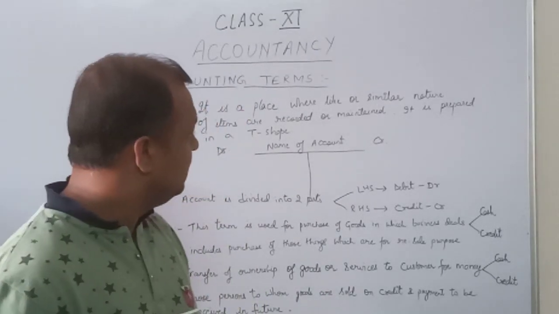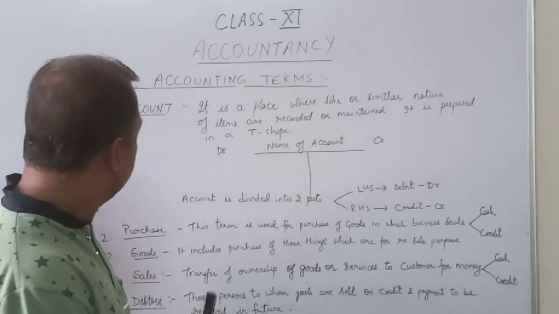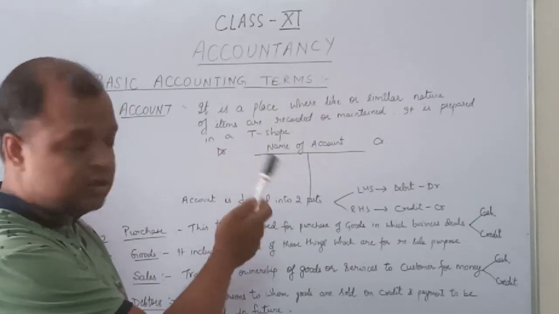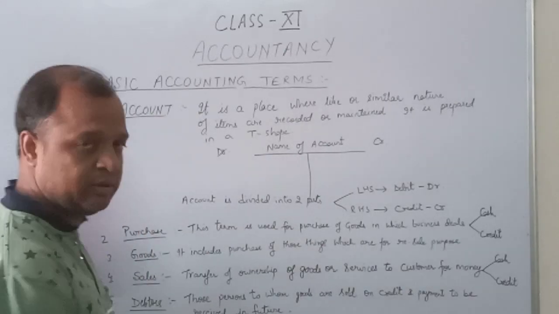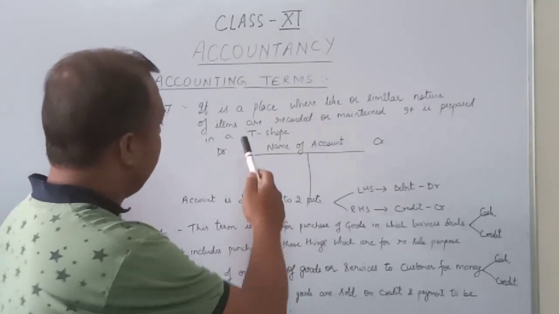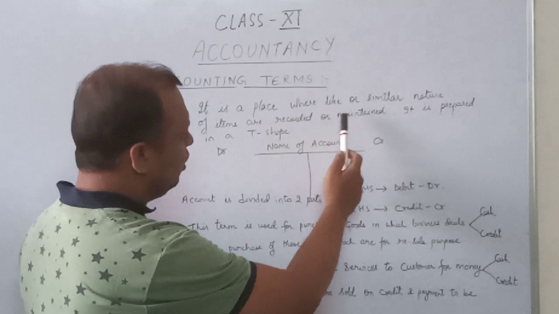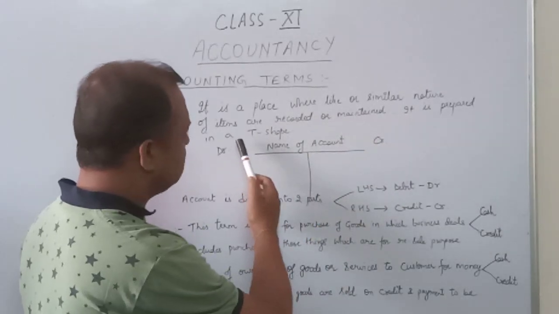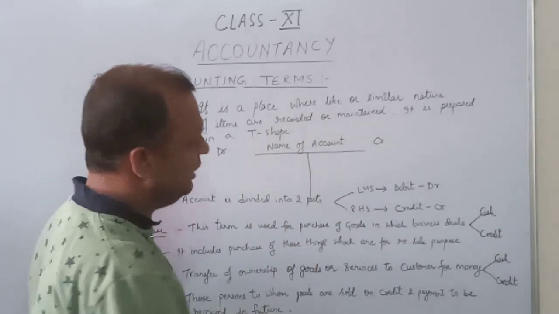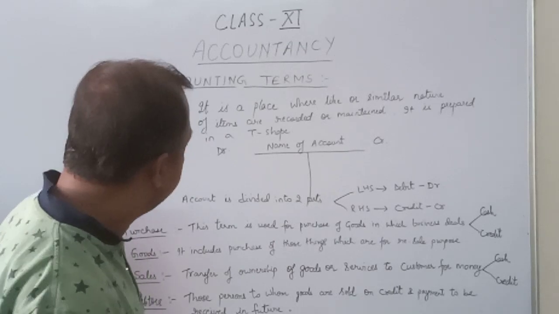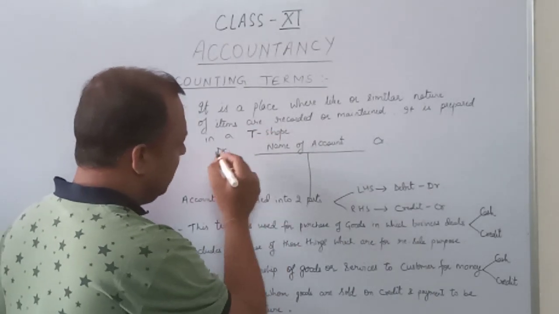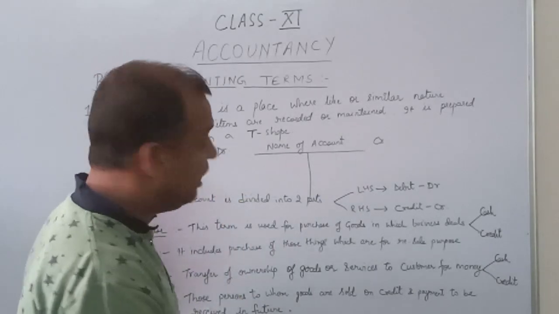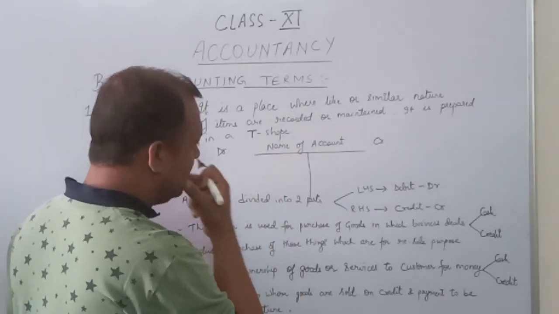So let's come to this topic with the explanation of the terms, where the first term of accounting in today's lecture is account. It is a place where the like or similar nature of items are recorded or maintained. It is prepared in a T shape. For your explanation, you will see I have prepared a format of an account in a T shape.